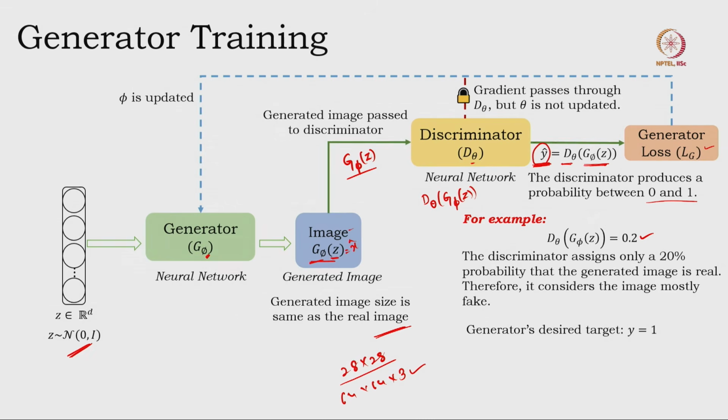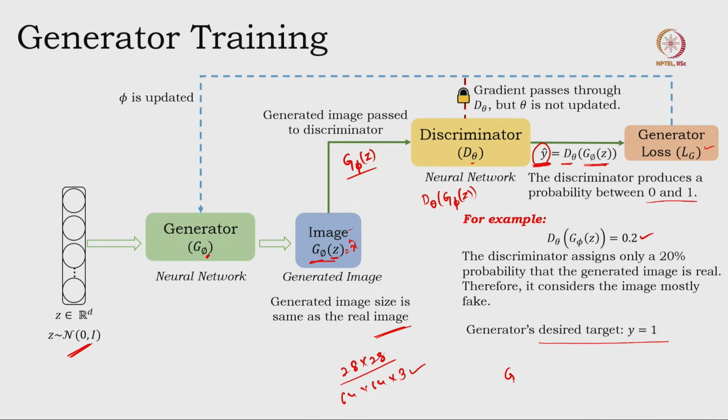What is the ultimate aim of a generator? The generator wants the discriminator to classify the generated image as real. Whatever image the generator generates, the discriminator should classify it as real. If it has to classify it as real, what should be the ground truth? The desired value y is 1. Just think carefully.